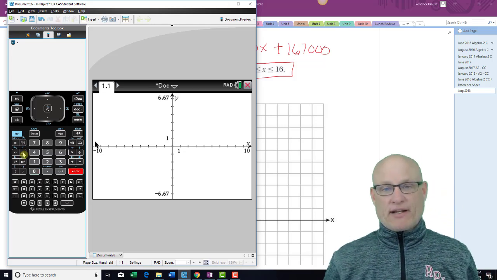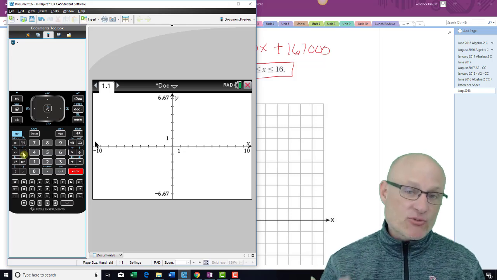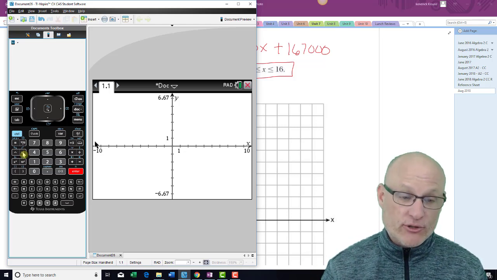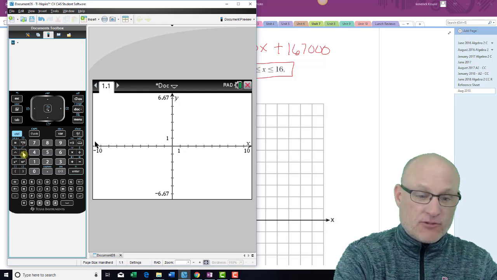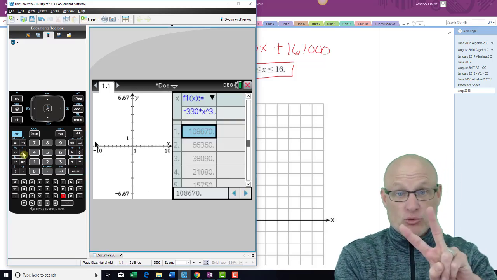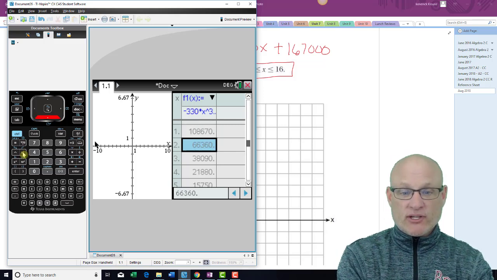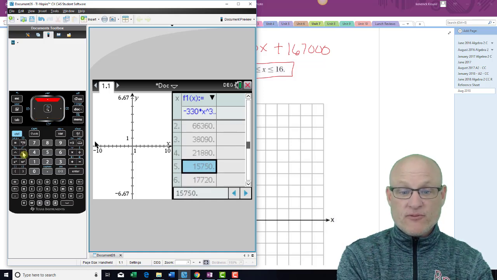Now, of course, you're not seeing anything. Those numbers are big, like 167,000. So the easiest way to figure out your window in this particular case is probably just to go to the table. Now, they only want you to go from 2 to 16. So at 2, it looks like our low is 66. Wait, 38, 21,000, 15,000. 15,000 looks like it's the low so far.